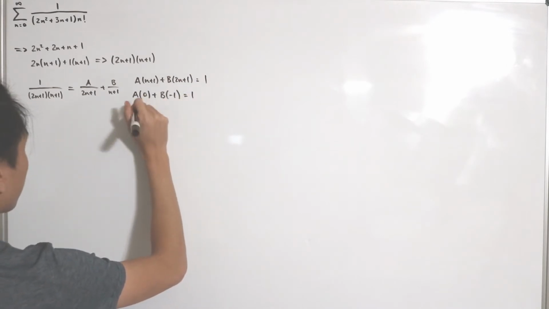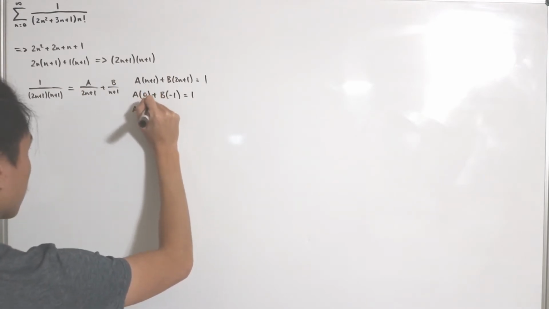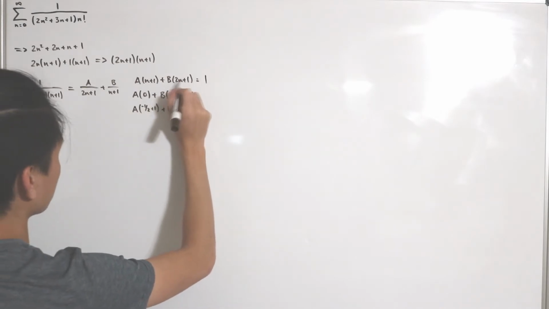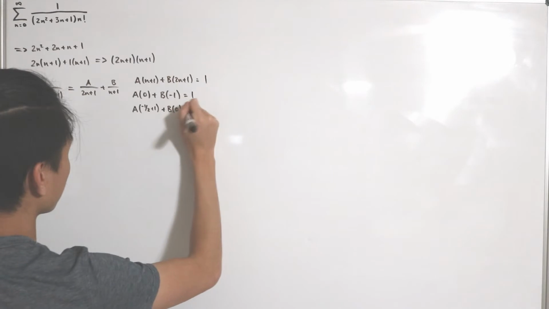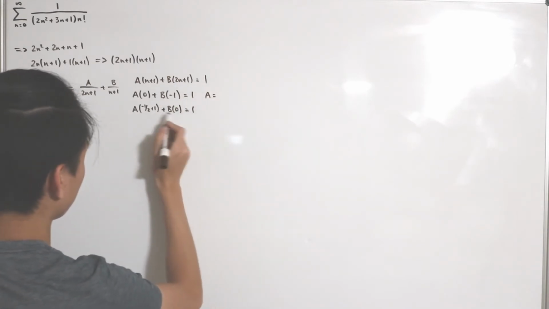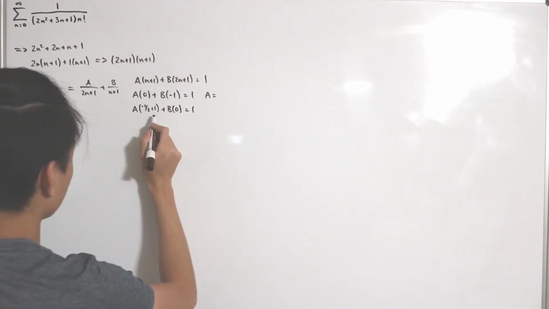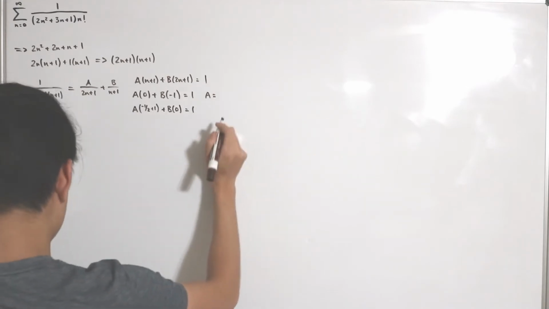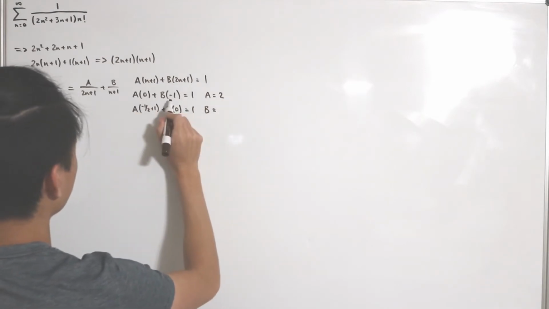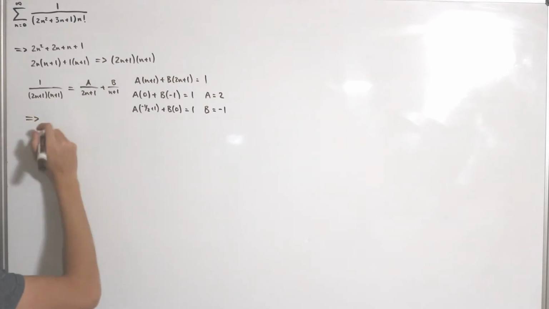So we have A times (-1/2 plus 1), plus B times 0, equal to 1. Negative half plus 1 is 1/2, and then you divide by 1/2, so A is equal to 2 and B is equal to -1. Okay, so we have our coefficients.